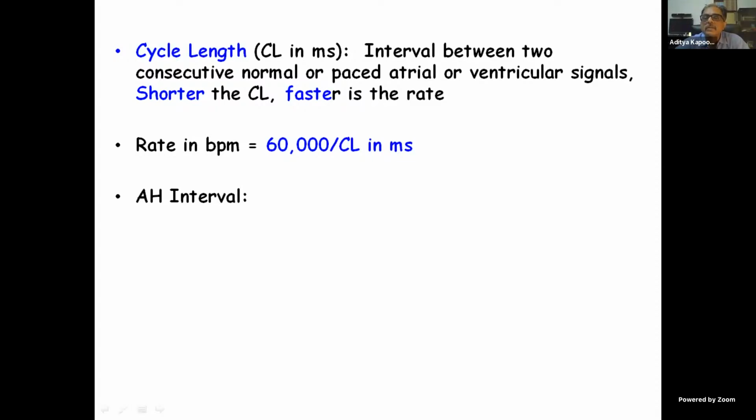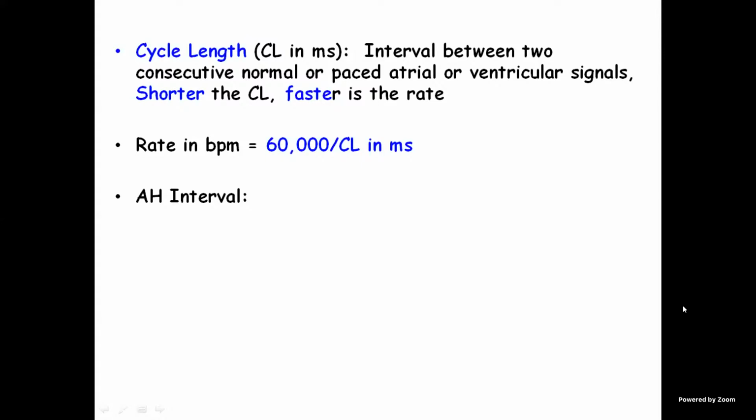Who are the other students here? I don't know. Any other students? Ashwini, what is the AH interval? How do you measure the AH interval? Ashwini is not there. Dr. Deepak Tomar, I can see.